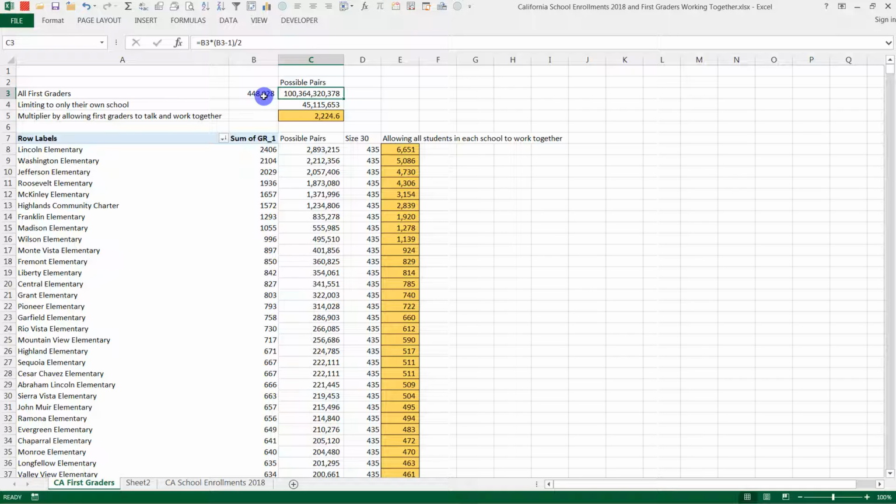I don't distinguish by ethnicity or sex or background or country or anything else. If they're capable of doing that work, if that's their moment in life, then they could be working together, right? Okay, that's all. Now here, what is the multiplier here? If you limit these kids to only their own school, now that's actually a big jump.